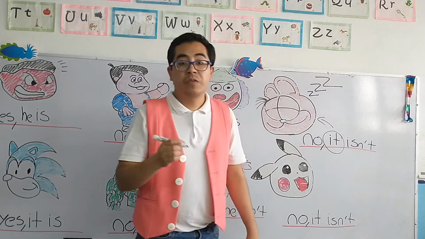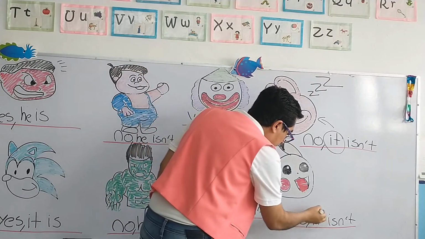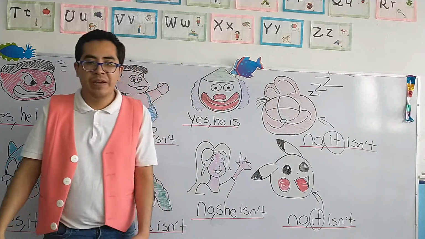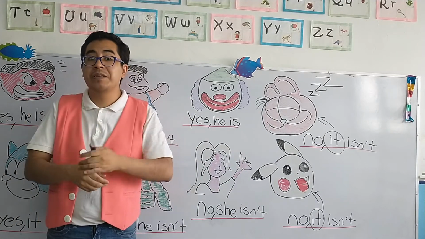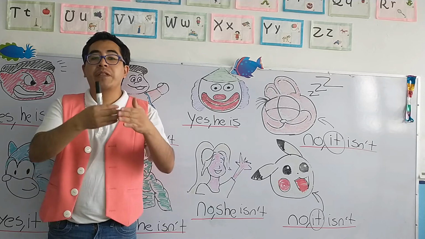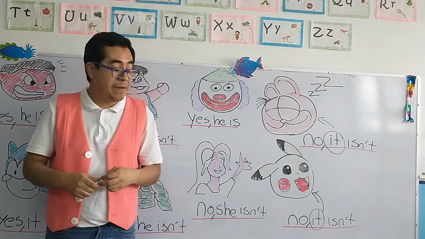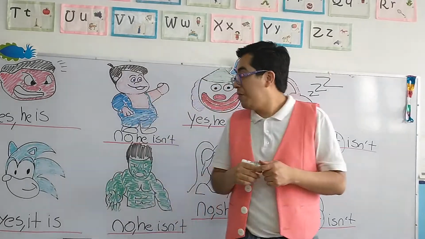Once again, don't forget that we are using the pronoun it because we are talking about an animal, okay? And it's part of the family of animals. It's a Pokemon. And Pikachu comes from the descendants of the mouse, okay? Very good. So, that's it, my children.